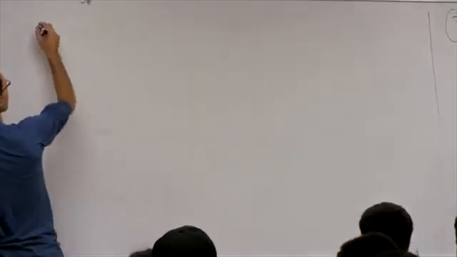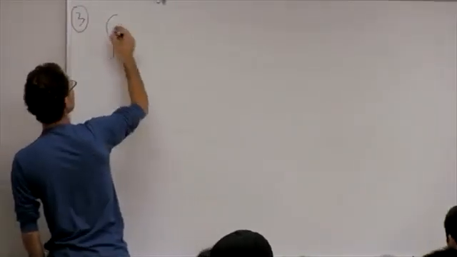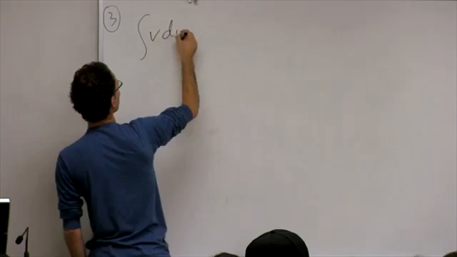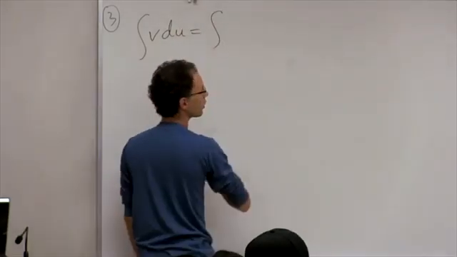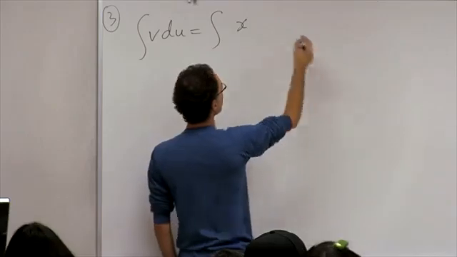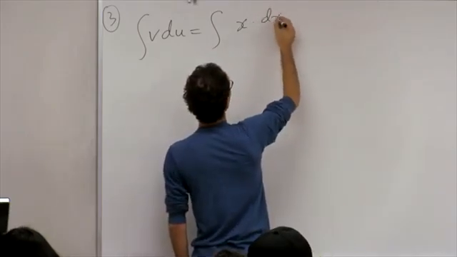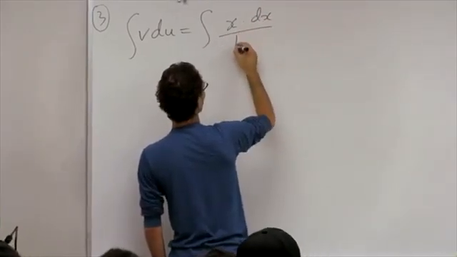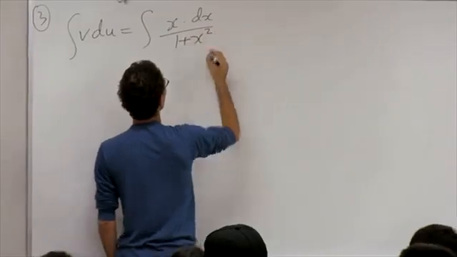In particular, for the third step, the integral of v du is the integral of x times dx over 1 plus x squared.